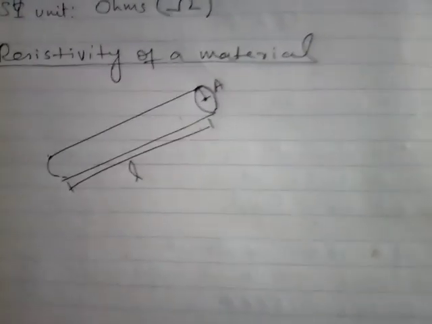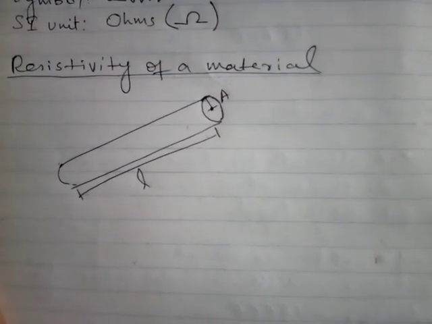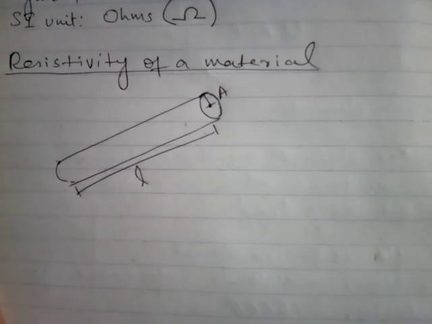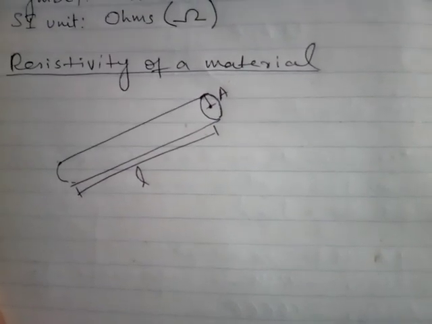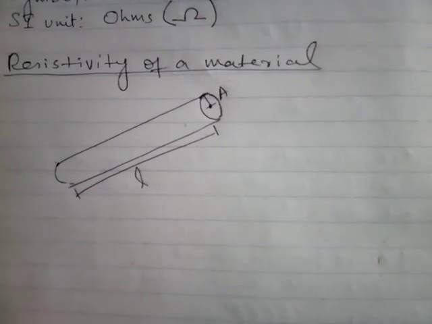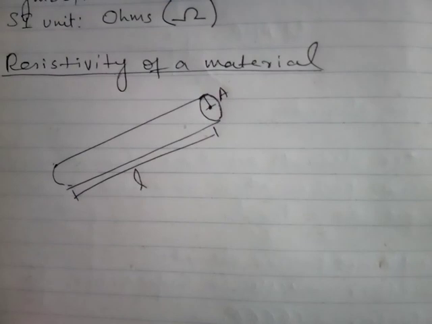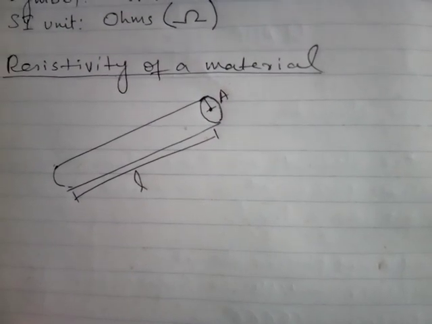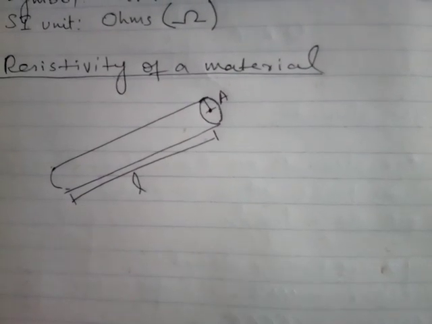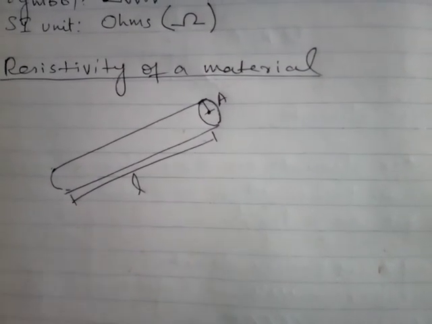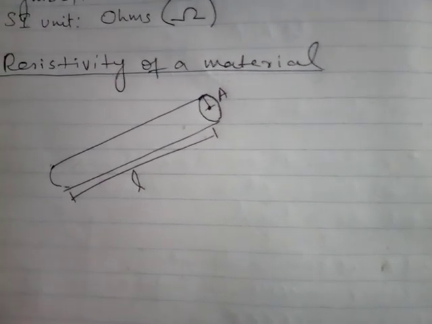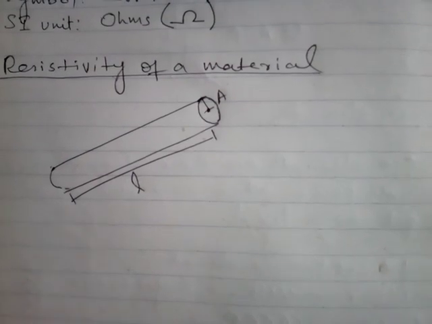Why is it called cross sectional area? Because if I cut a cylindrical conductor from its midpoint into two equal pieces, then the area of one piece will be called the cross sectional area. The area of the second piece will be the same as the area of the first piece.